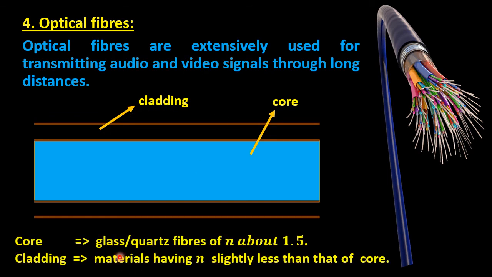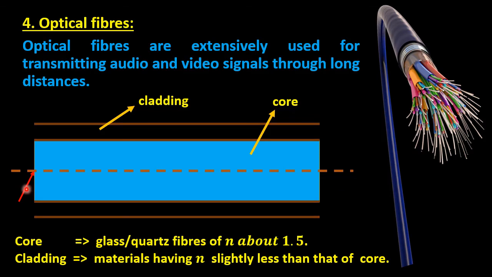The core is made up of either glass or quartz fiber having refractive index about 1.5, and the cladding, the covering, is made up of materials having refractive index slightly less than that of the core. So this cladding will have a refractive index less than 1.5. This dashed line represents the center of the optical fiber.